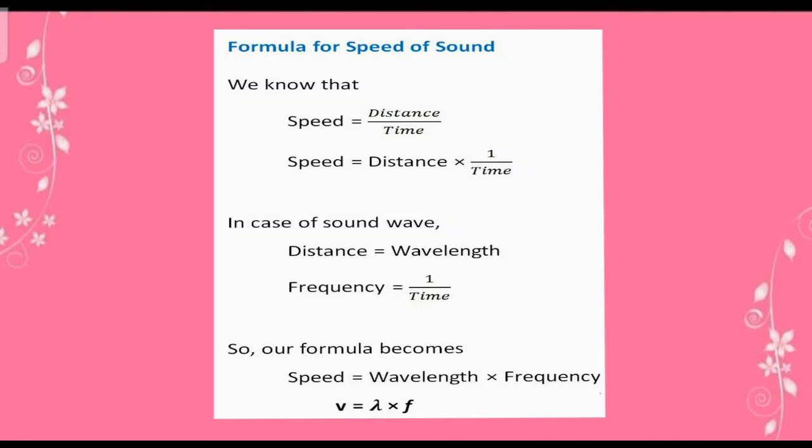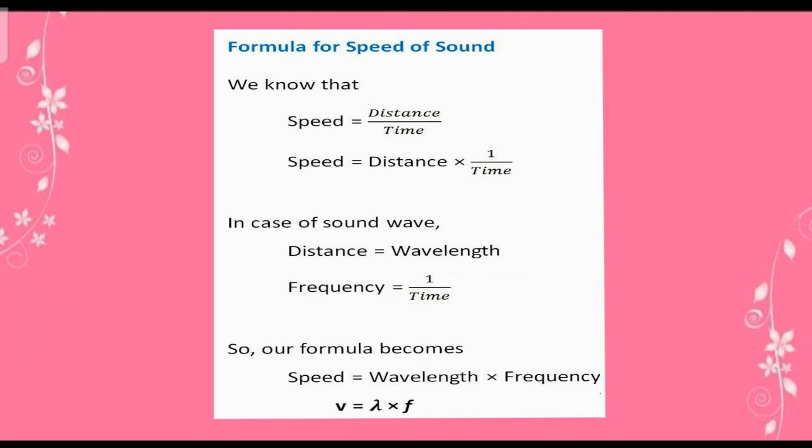Yeah, and the formula is V is the speed of sound, S is the distance, and T is the time. So the speed equals distance over time, or speed equals distance times 1/time.